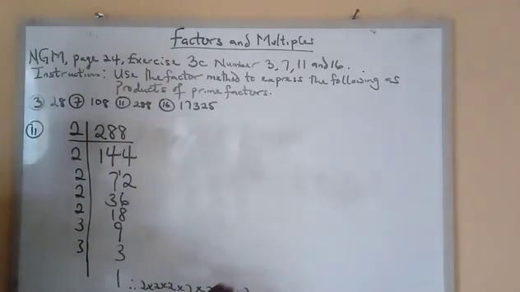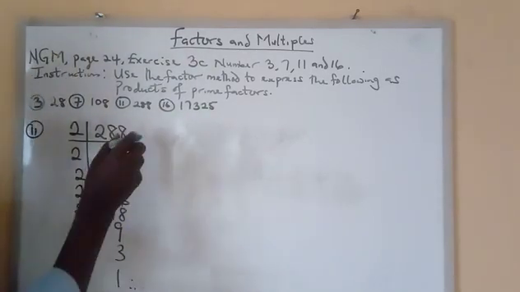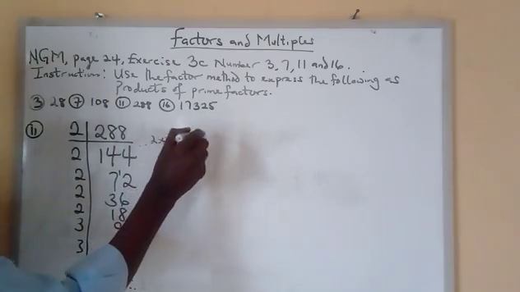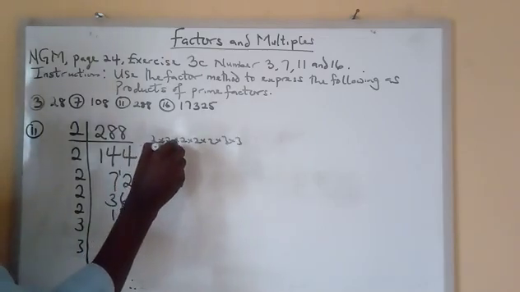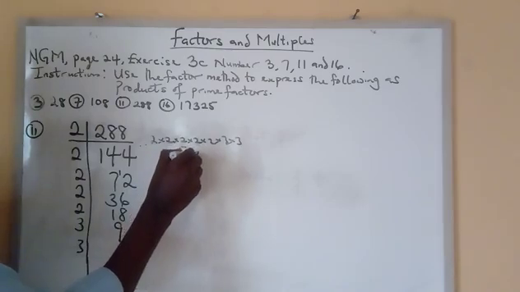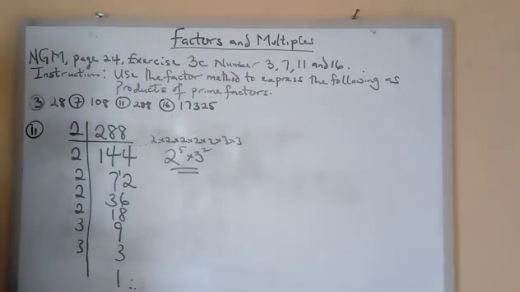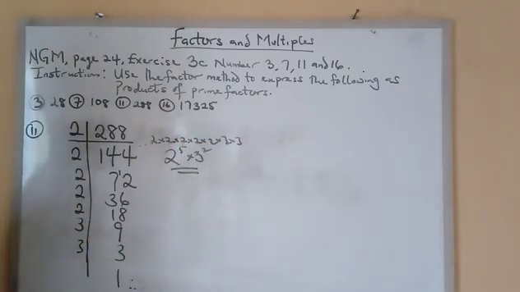That could be written as 2 to the power of 5 multiplied by 3 to the power of 2. And here it is. We have expressed 288 as a product of prime factors. You see that all the numbers there are prime factors.